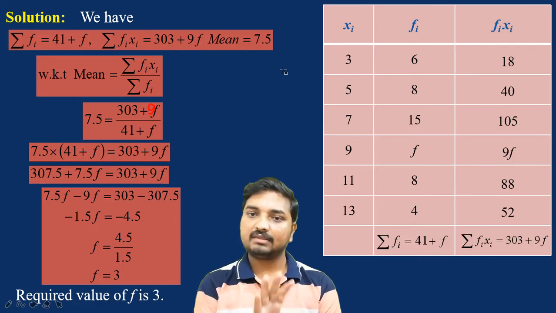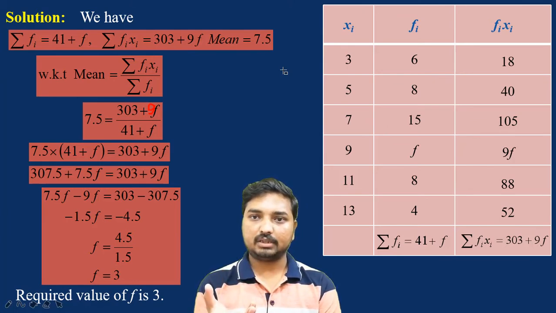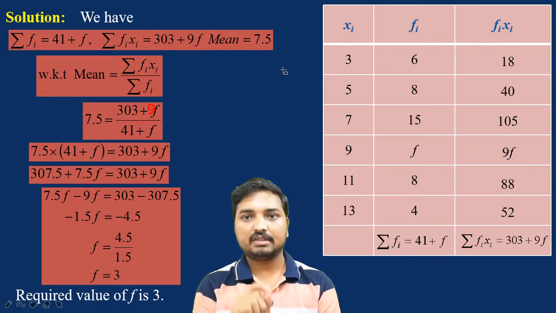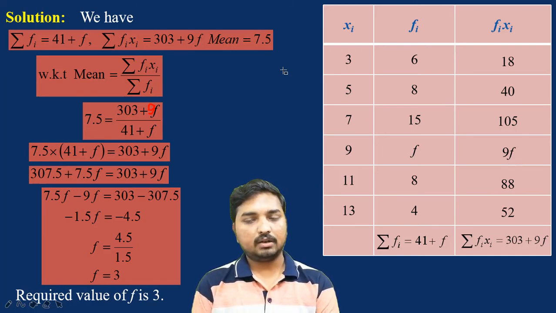He will just ask to find the missing frequency, and the selection of the method is left to you. It is very easy if you select the direct method. This is the way to find the missing frequency. Only one missing frequency is there. If only one missing frequency is there, you have to solve like this.